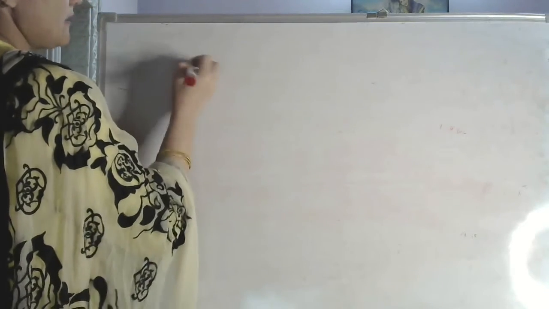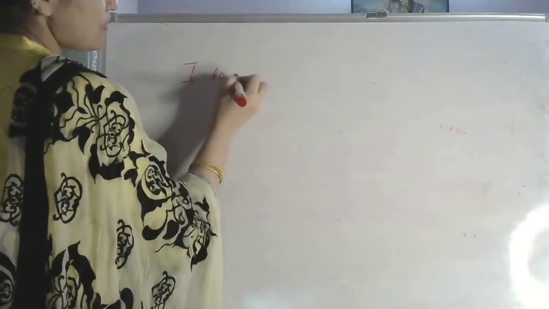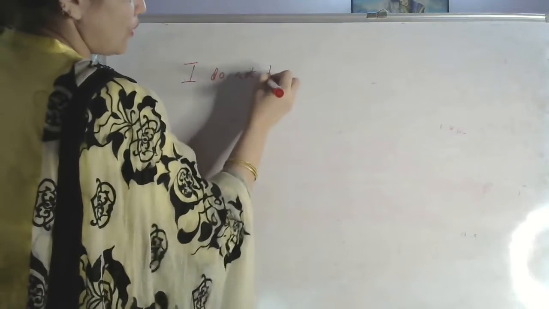Now by using a noun clause, for example, I'll take the noun and then I'll change the sentence into a complex sentence. See the first sentence, it says, I do not know the cause of his failure.